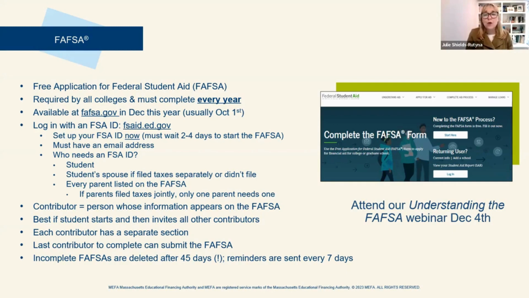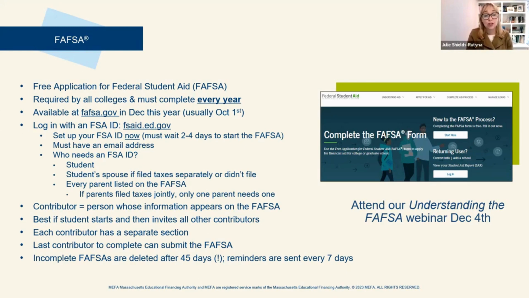And the best way to complete the FAFSA with this new FAFSA that's coming out in December is that the student should start and then invite their contributors, and then the contributors, parents mostly, will then complete their section of the FAFSA. And so then the last contributor to submit information can then submit the FAFSA.